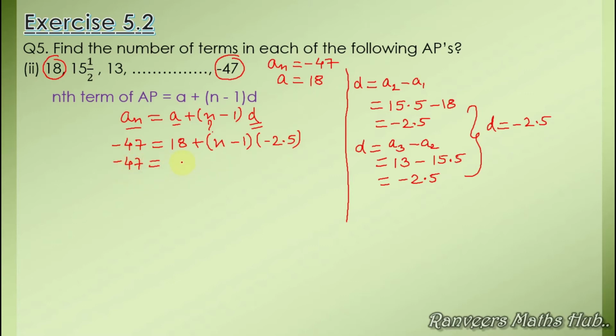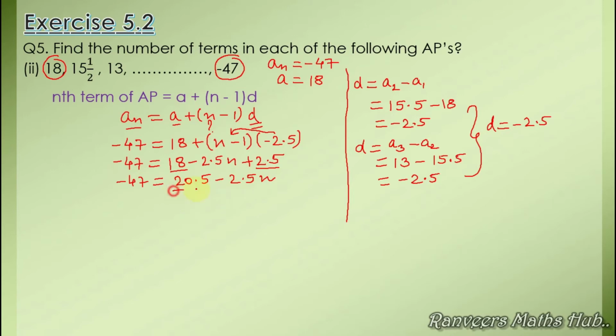So minus 47 is equal to 18. Now after multiplying this 2.5 into the bracket, what will we get? Minus 2.5n plus 2.5. Okay. So minus 47 is equal to, now this 18 and 2.5 will give you 20.5 minus 2.5n.